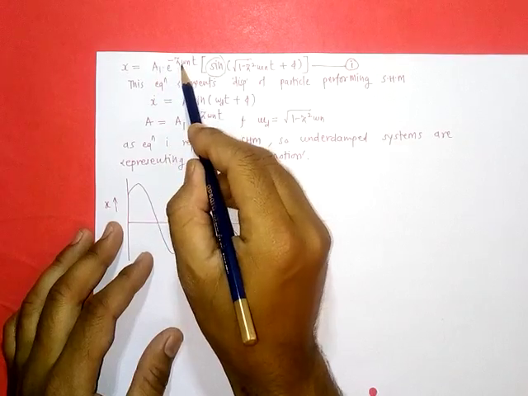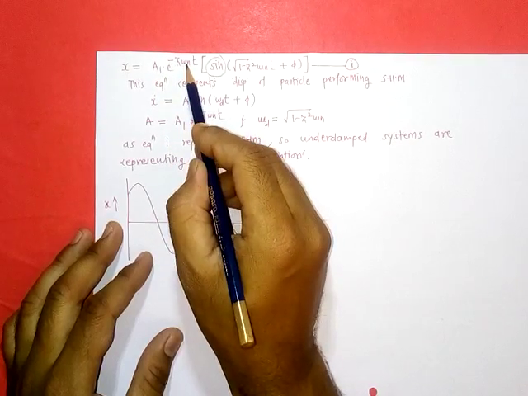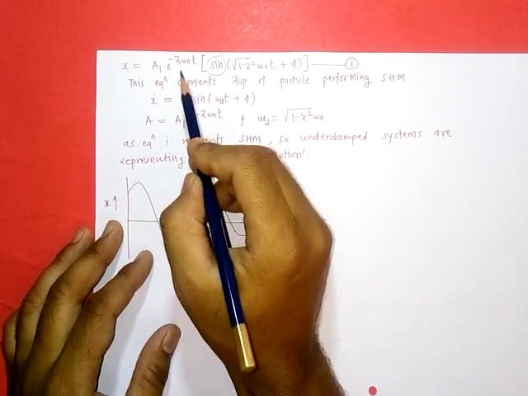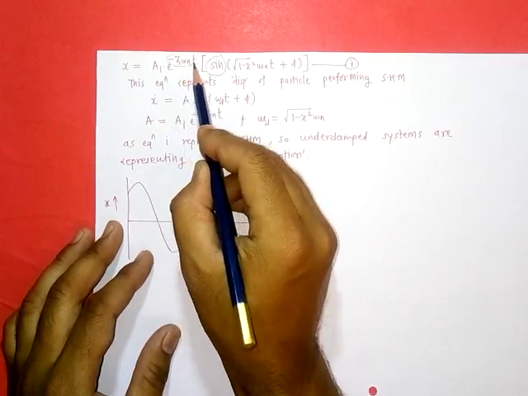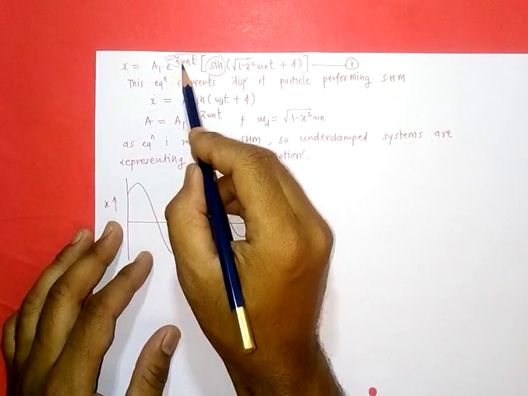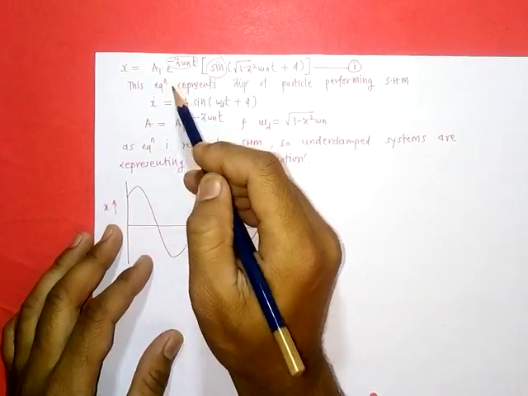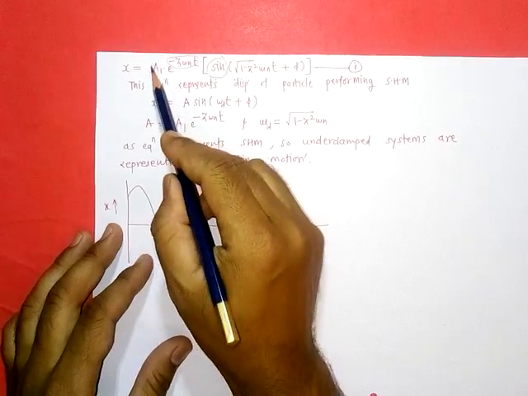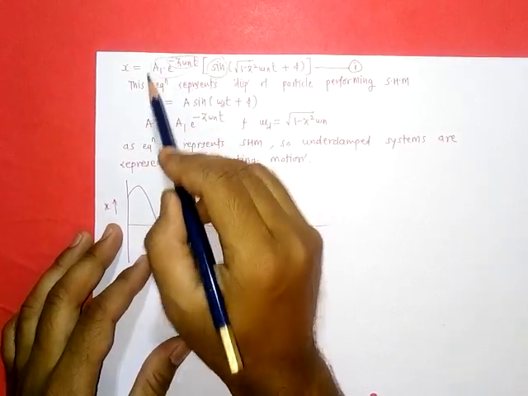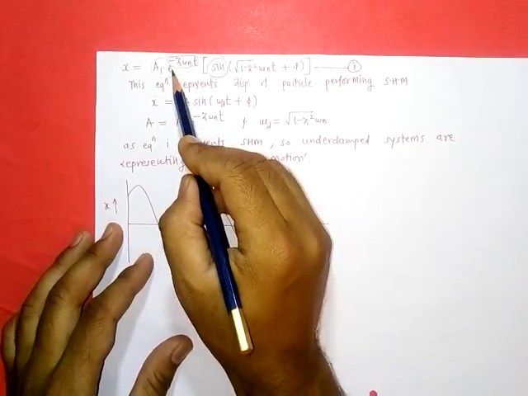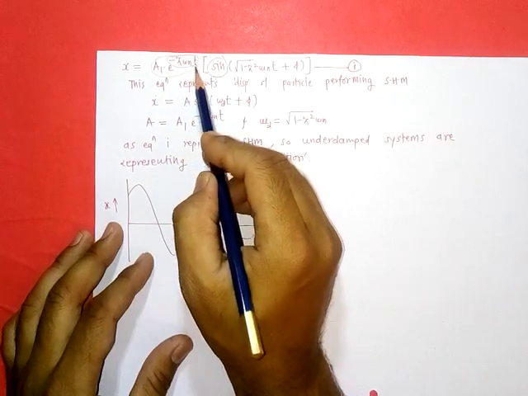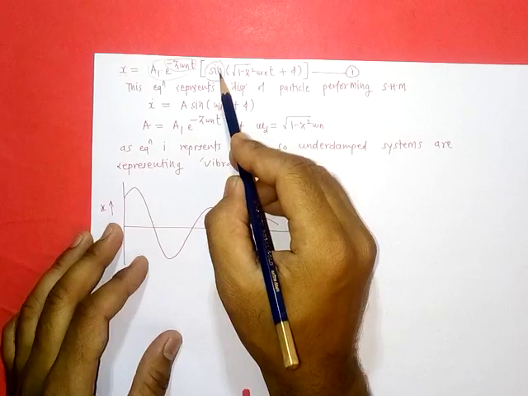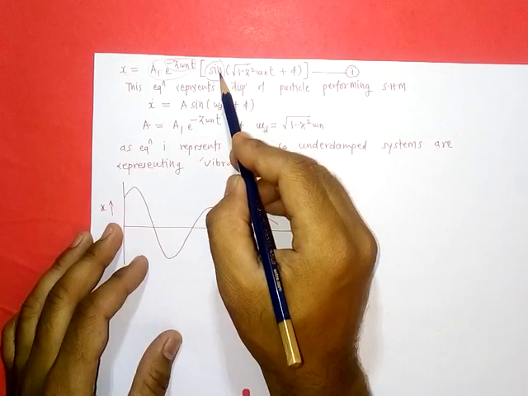Again here a1 is constant, zeta is constant, omega n is constant, and t increases with time. So the power of e on the negative side will continuously go on increasing with increasing time. That means this term, that is the amplitude of the vibrating system, continuously goes on decreasing, and it is forming periodic motion about the equilibrium position.